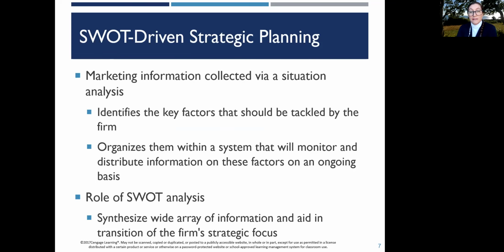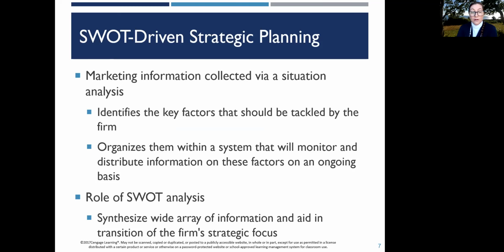So this SWOT analysis ideally is going to drive our strategic planning. Why? Well, because we're incorporating our marketing information that we've collected in conducting our situation analysis, right? And in that step, we have identified key factors that should be tackled by the firm, key success factors.